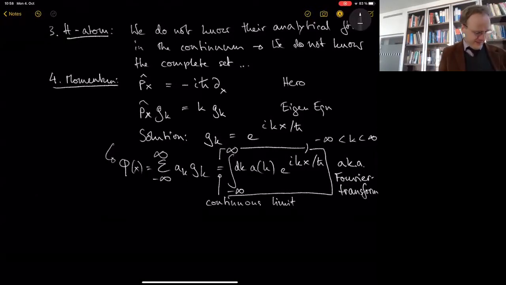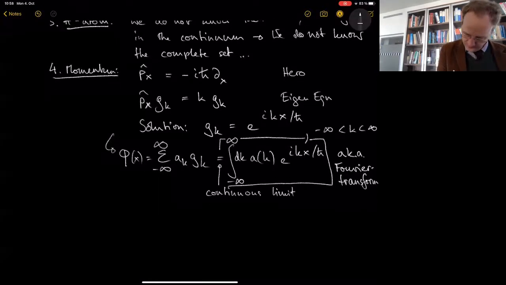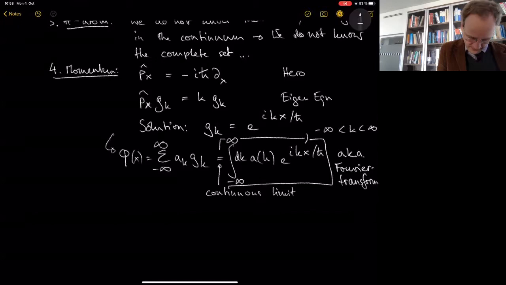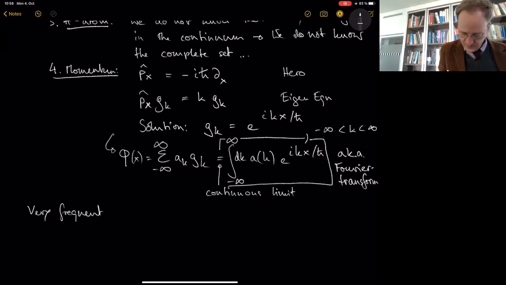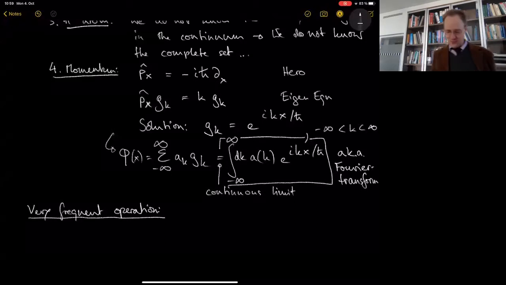There's a common practice, a very frequent operation we like to do, which is that we multiply from the left and we integrate.